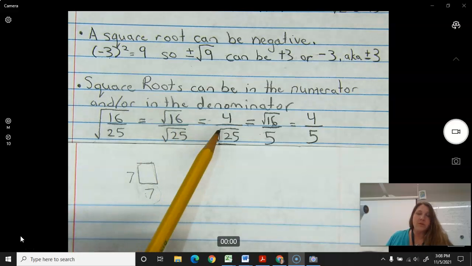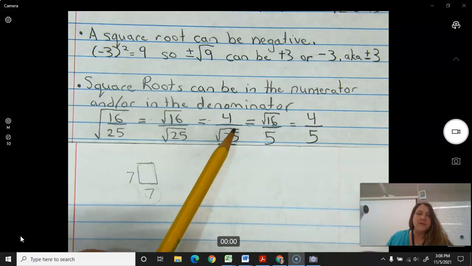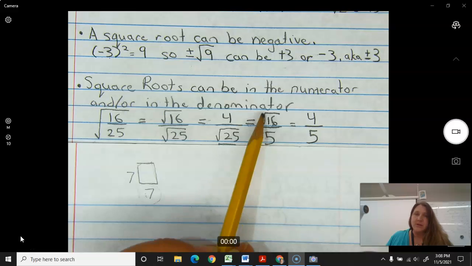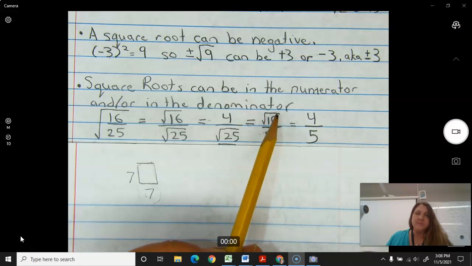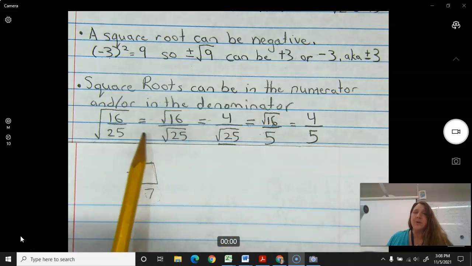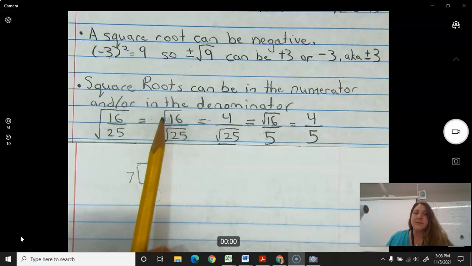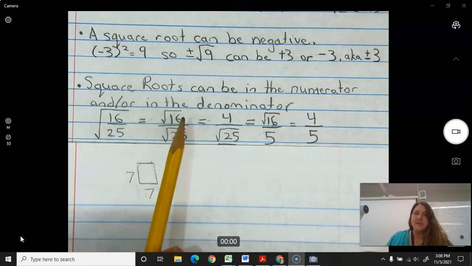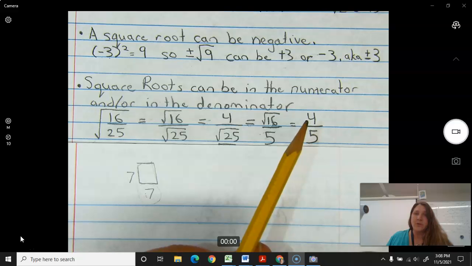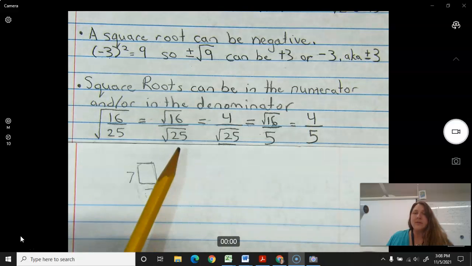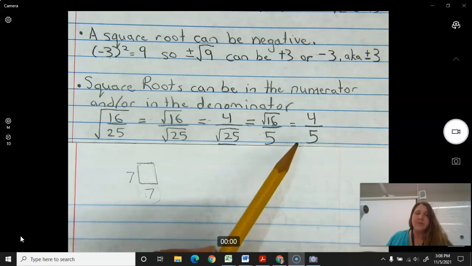Or you could have a situation where the radical sign is just in the bottom, or just in the numerator. One thing to note is that the square root of 16 is 4, and the square root of 25, well, 5 times 5 is 25, so it is 5.